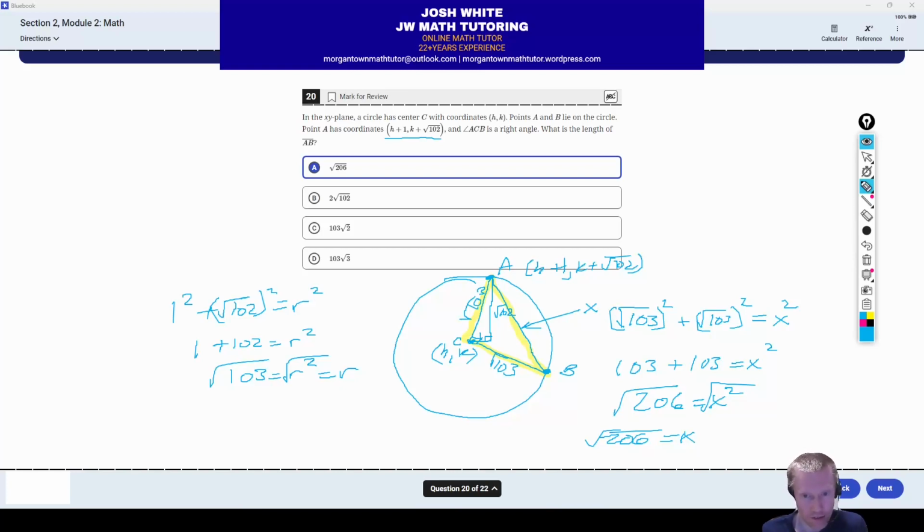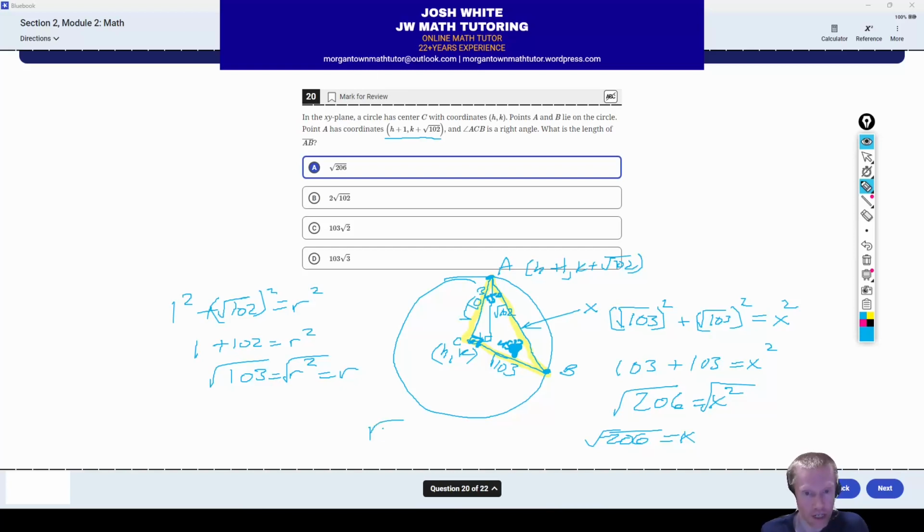What that means is this is technically a 45, 45, 90 triangle. 45, 45, and then we got the right angle here of 90. So we know in a 45, 45, 90 triangle, the hypotenuse is just equal to square root 2 times the legs.